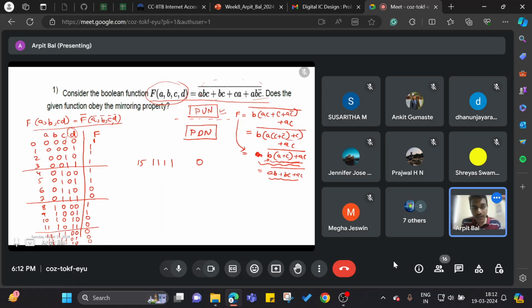Is there a doubt here? So you can write f as summation of 0, 1, 2, 3, 4, 5, 8 and 9.